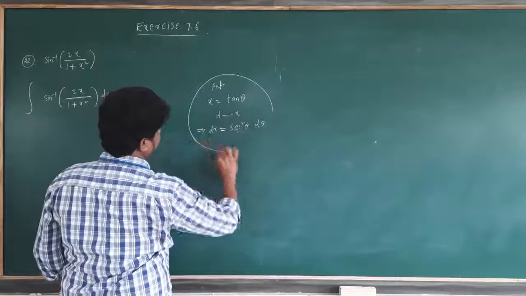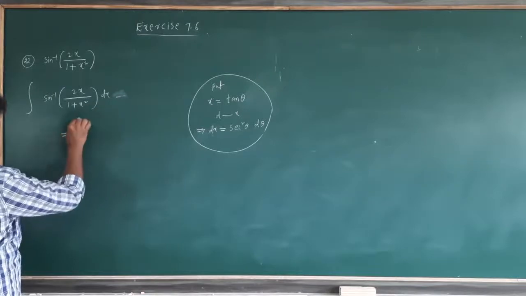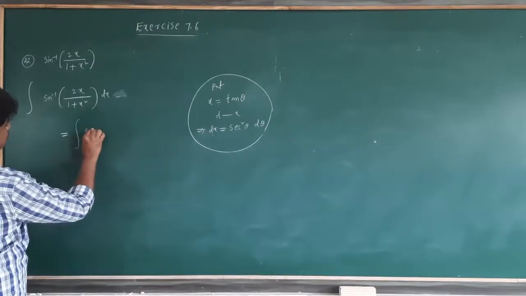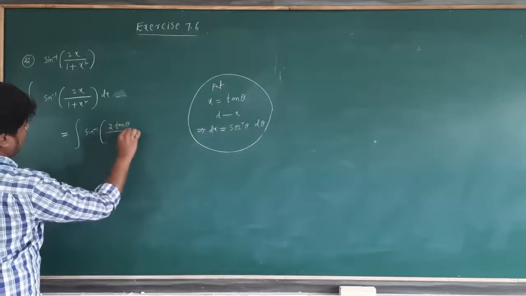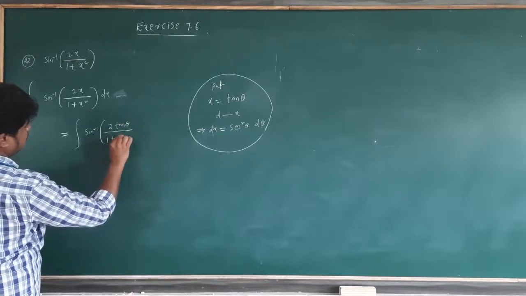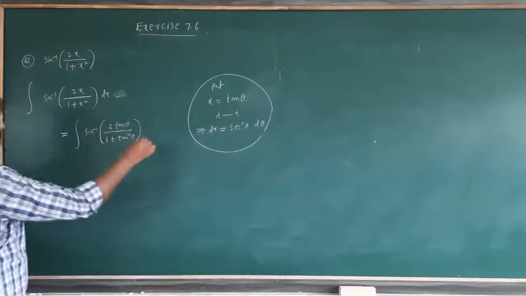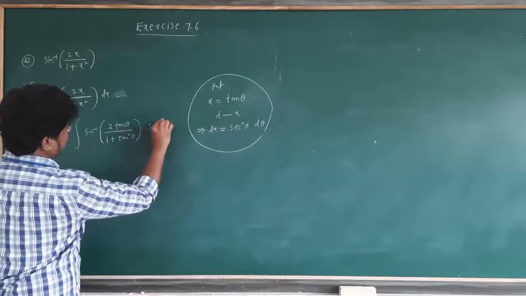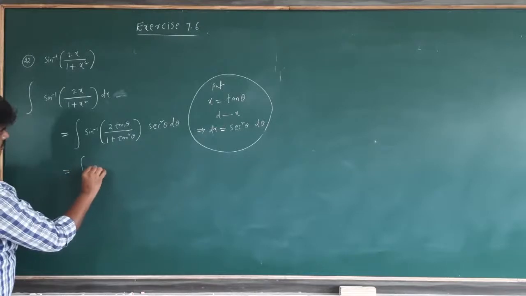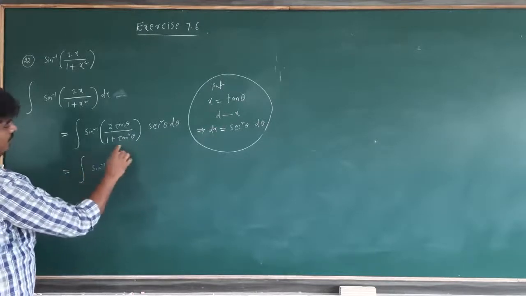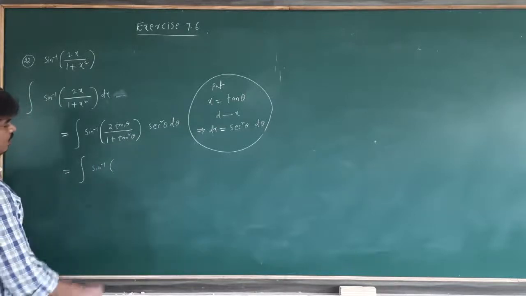Now this will be written like this: integral of sin inverse of 2 tan theta divided by 1 plus tan square theta, dx means secant square theta d theta. I already said the formula sin 2 theta equal to 2 tan theta by 1 plus tan square theta.